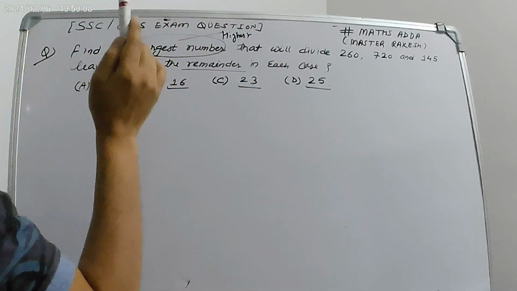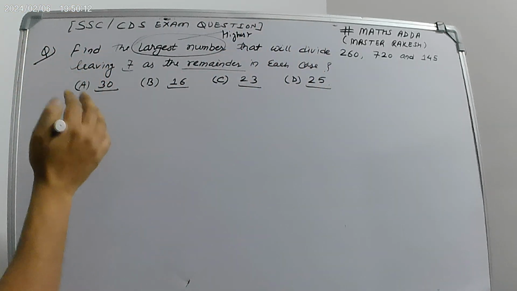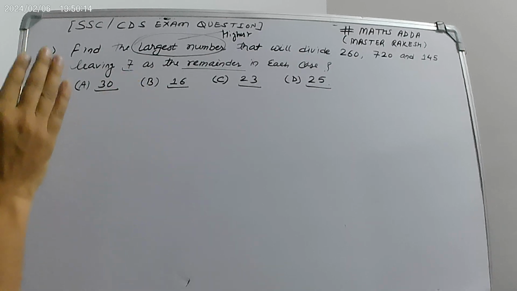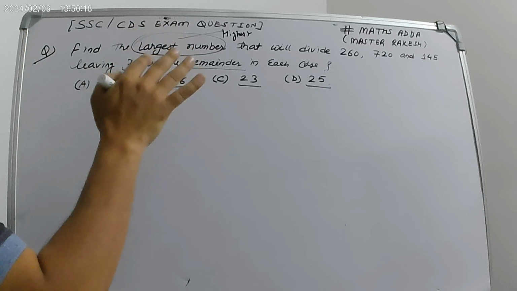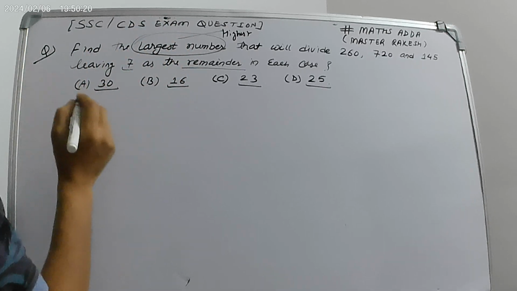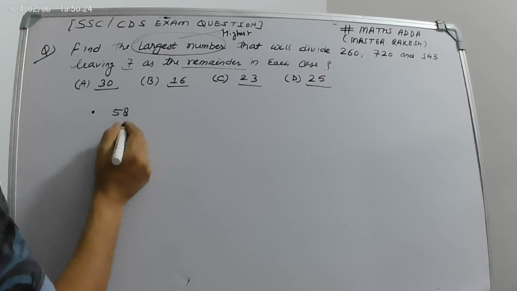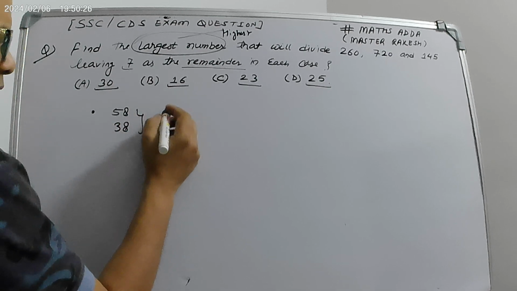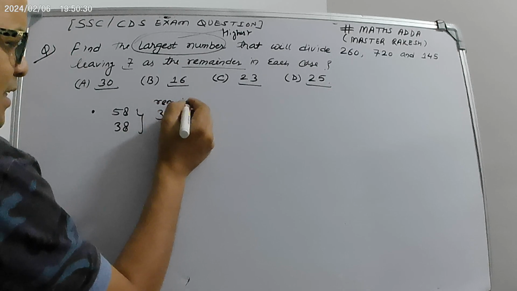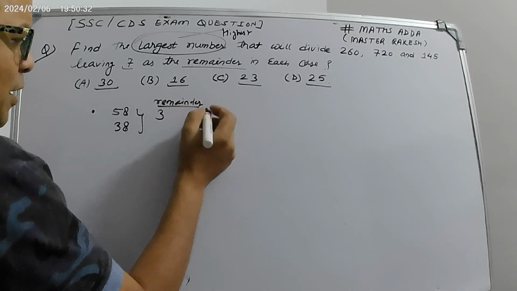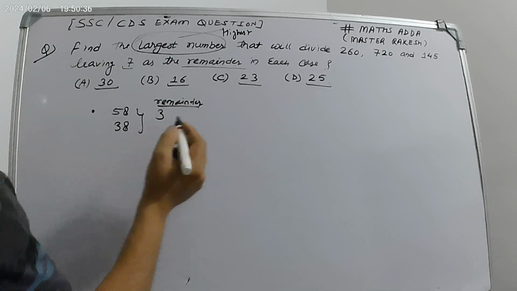Dividing this other number also, again 7 will be the remainder. So in each case 7 will be the remainder. I'll take a small example here. Let there be two numbers, 58 and 38, and it is leaving 3 as a remainder in each case. You have to find the number which divides these and leaves 3 as a remainder.